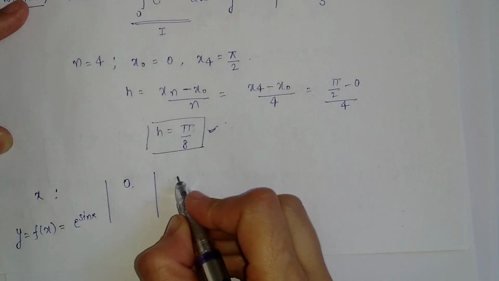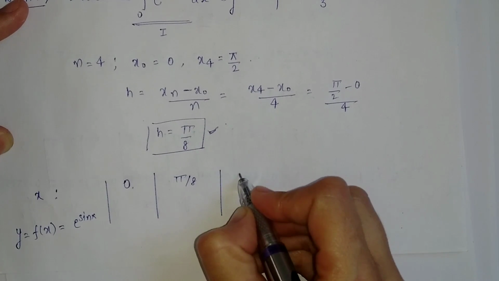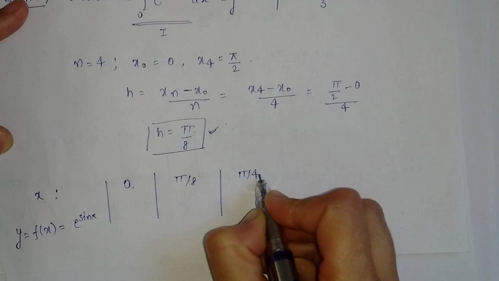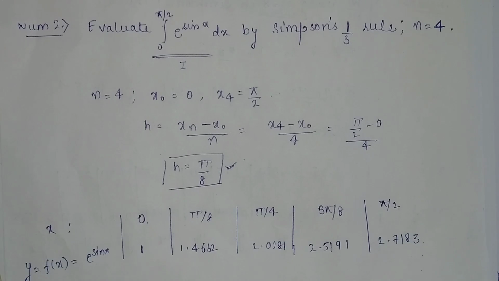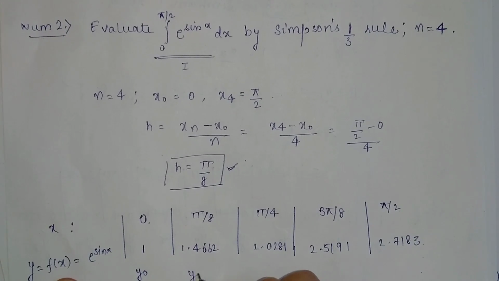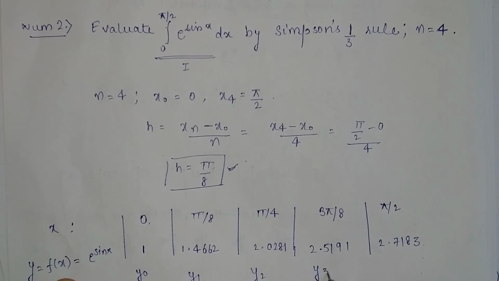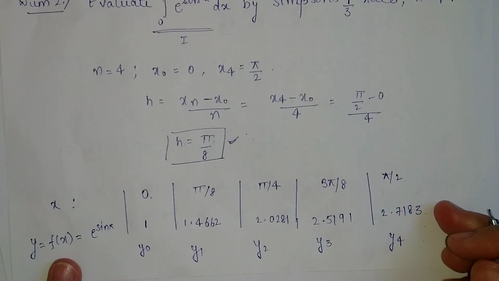So starting with 0, the lower limit, and we will add h in every x. So these are the values for every x. This is y0, y1, y2, y3, and the last value is y4.